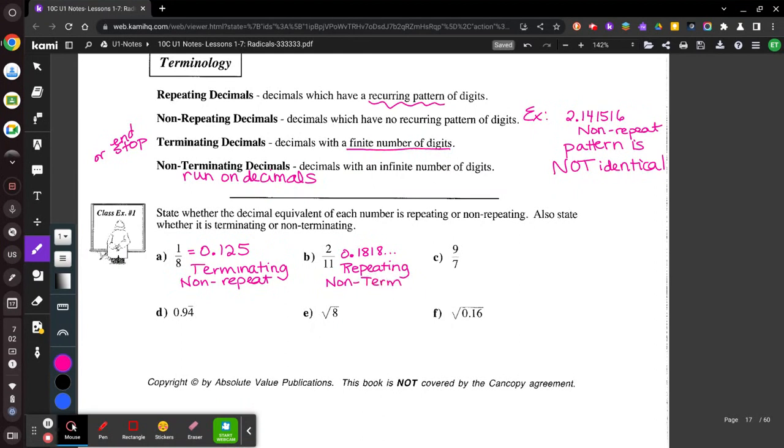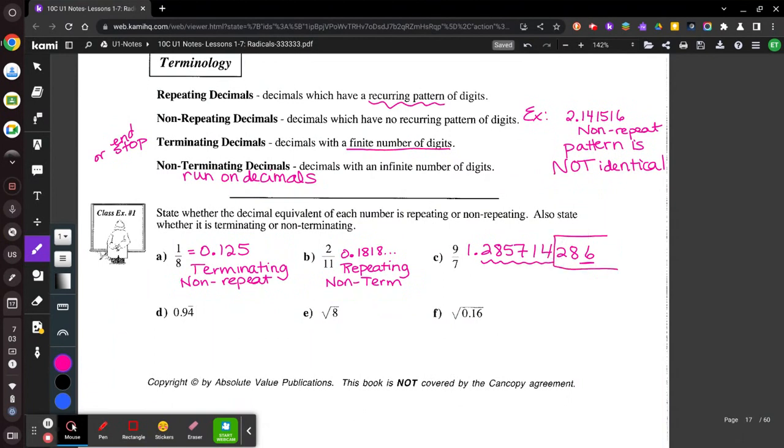We're going to look at 9 divided by 7, and that's going to give me the number 1.285714, and then it goes 2, 8, and then I have a 6 at the end. Because my calculator has run out of room on the screen, it has rounded the last number. Your calculator will always round the last number. So this pattern of numbers is going to repeat right here.